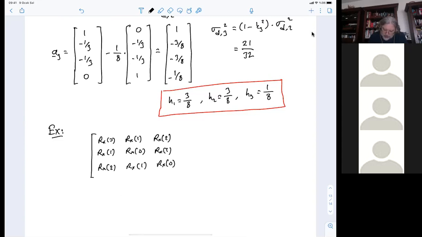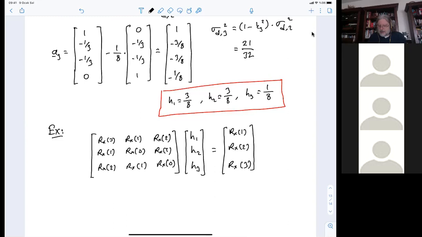So you just have to substitute these values, which are given at the top of the question. And these are the filter coefficients H1, H2, H3. And these will be equal to Rx1, Rx2, and Rx3. So you will have to solve this linear set of equations.